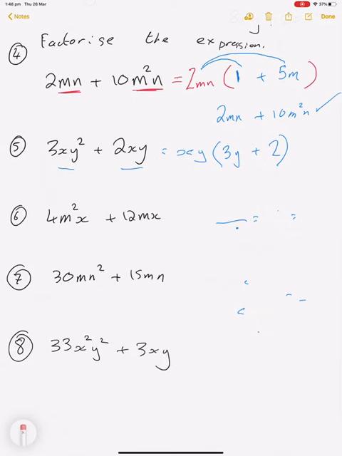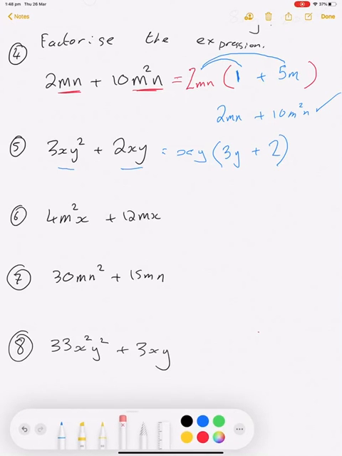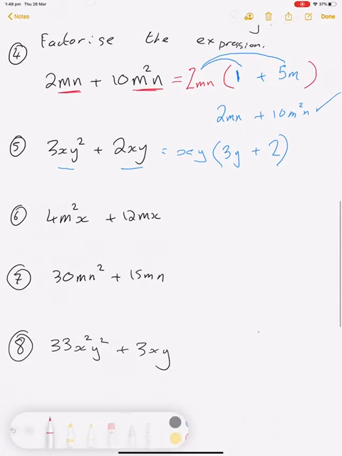Okay, so I'm going to do less explanation for the remaining questions. If you haven't done them, pause the video and see if you can do them. Okay, so the highest common factor is going to be 4mx, and we're going to have an m here plus 3.